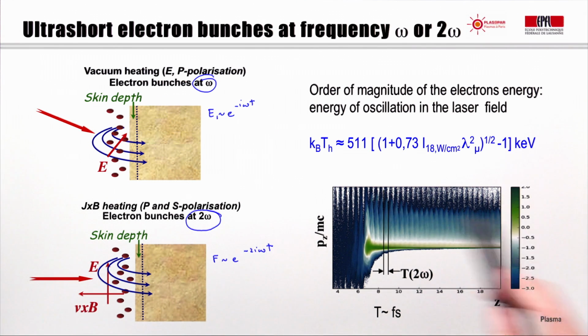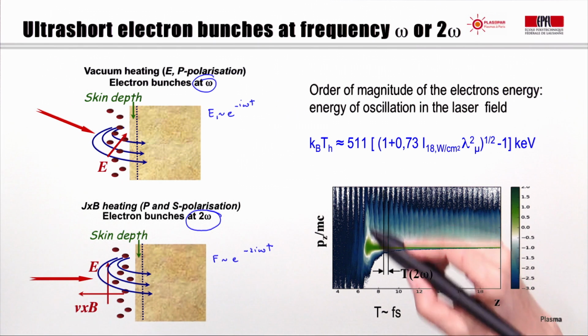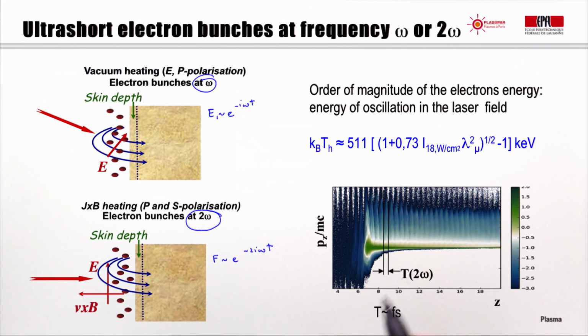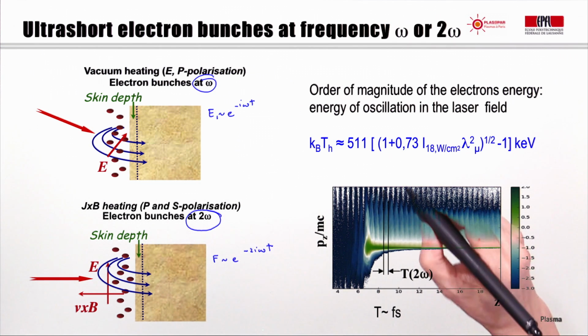What is shown here is the momentum of the electrons in the direction normal to the surface as a function of space. The plasma starts here. And as you can see, separate bunches of electrons are injected in the plasma.